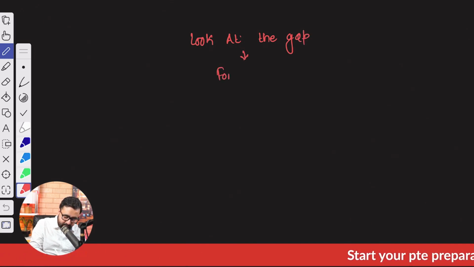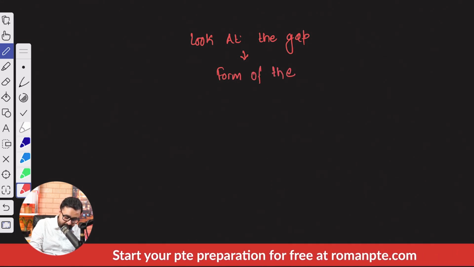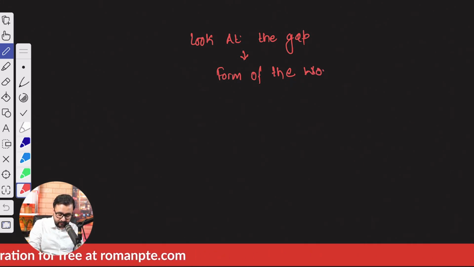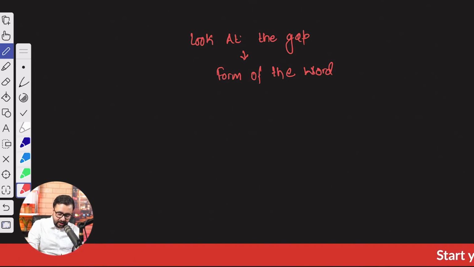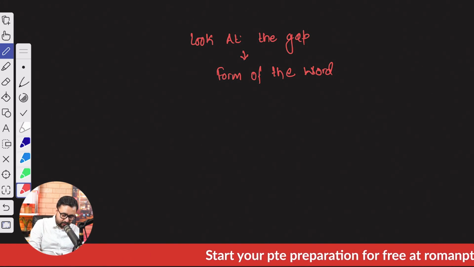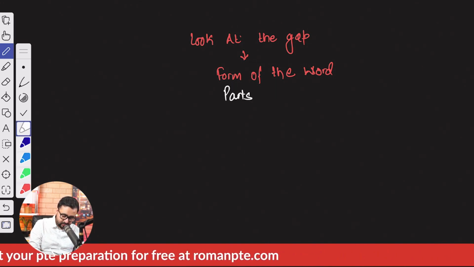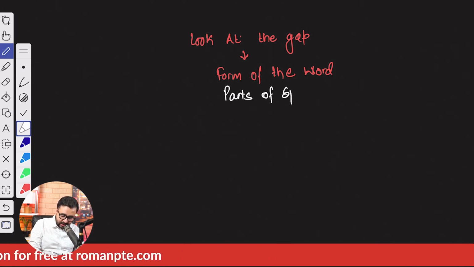Form of the word. What that means is grammatically, what could be the form of this missing word? That's what you try to think. And when you think about that, there are 8 different possibilities, and these possibilities are what we call parts of speech. So the missing word can be one of these parts of speech.